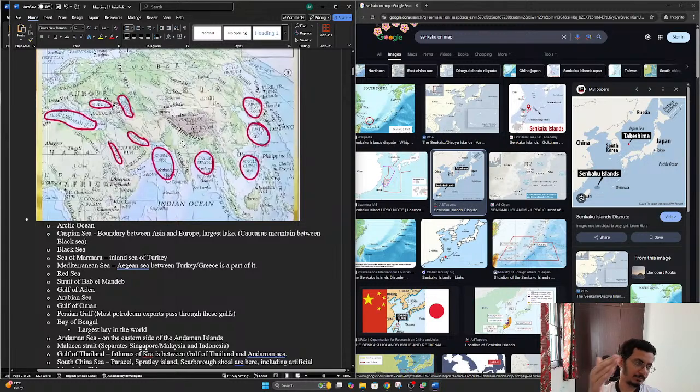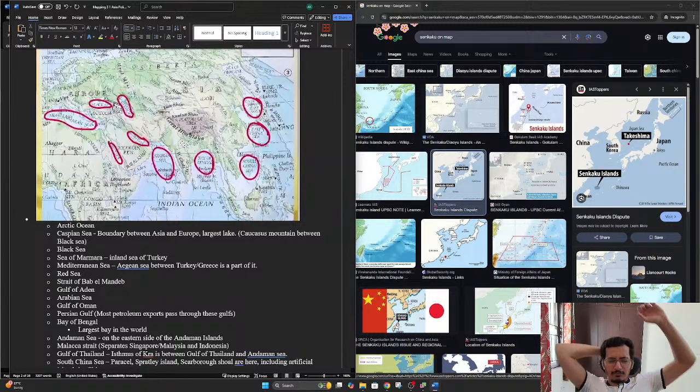Instead of Caspian and Black, Aegean is there. So, let's see if the Gulf is there, the Arabian is there, then the Persian will be there, but the Bay of Bengal is there, very well.